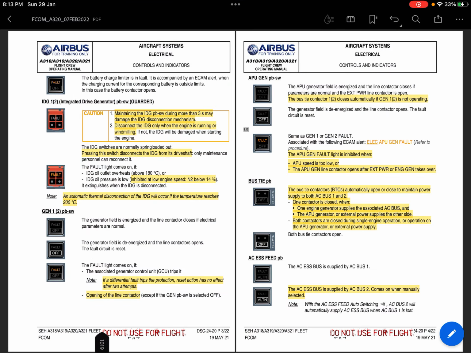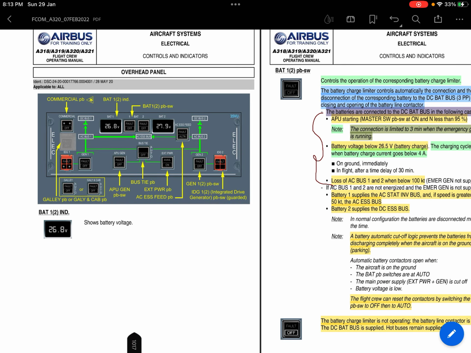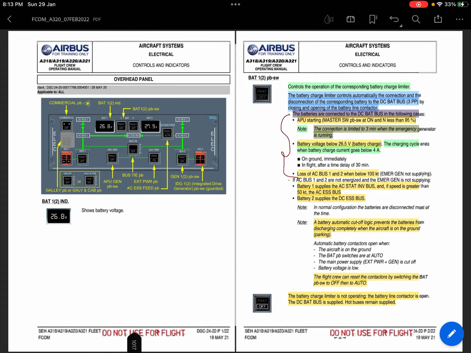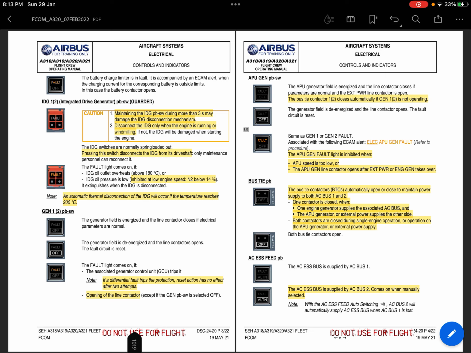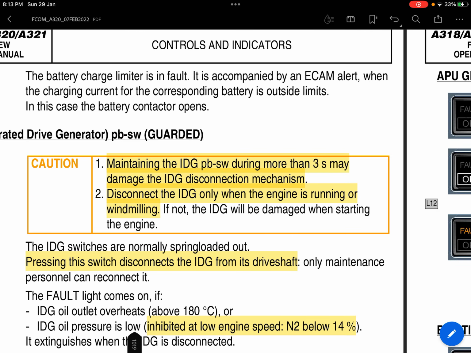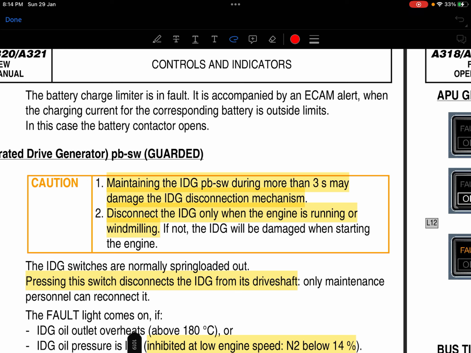As it is red guarded, once you have switched off the IDG, you cannot restart it and resume things normally. This is an irreversible action. Maintaining the IDG push button switch for more than 3 seconds may damage the IDG disconnection mechanism, right? So here is the answer.